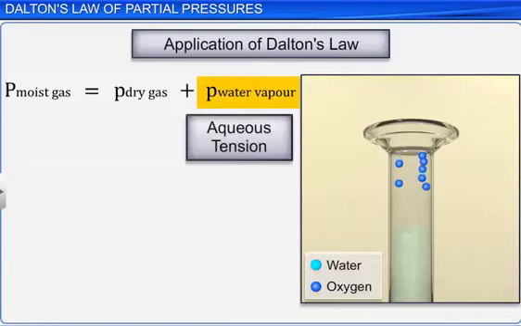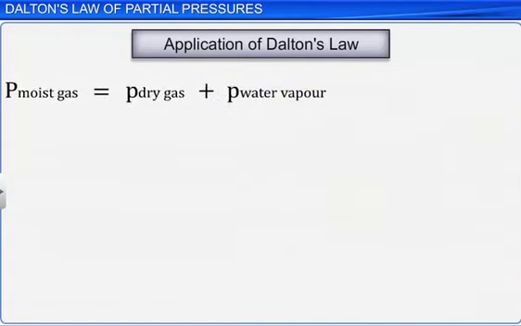If the pressure of dry gas and the moist gas are represented as P and P total, and the partial pressure due to water vapor commonly called aqueous tension can be expressed as P dash, then by Dalton's law of partial pressures, the total pressure exerted by a moist gas, that is, P total is equal to the partial pressure of the dry gas, P, plus partial pressure of the water vapor, P dash.